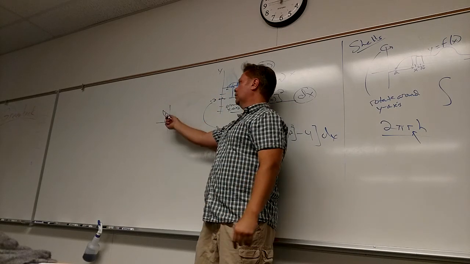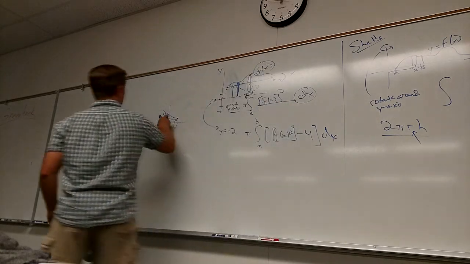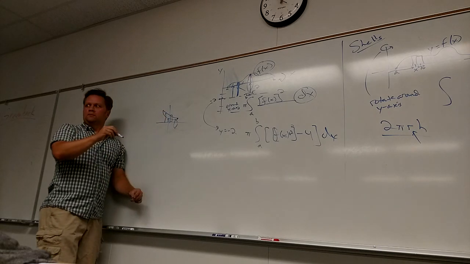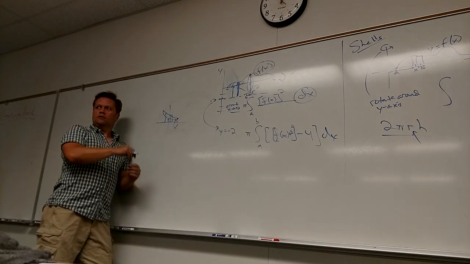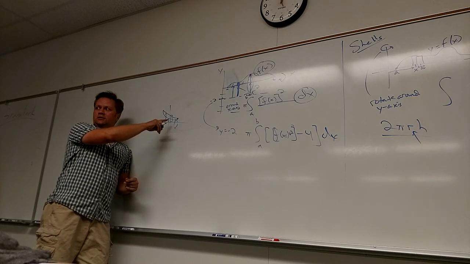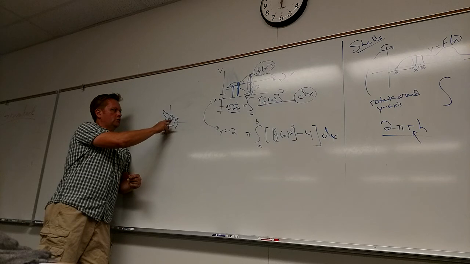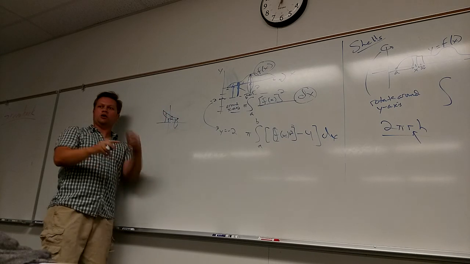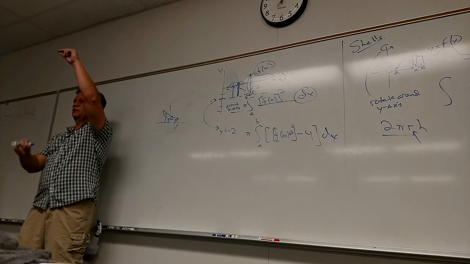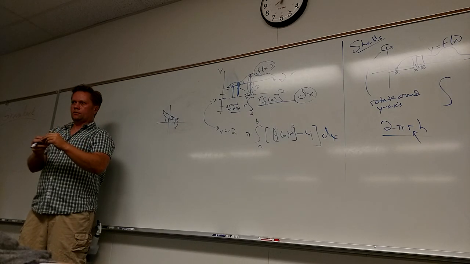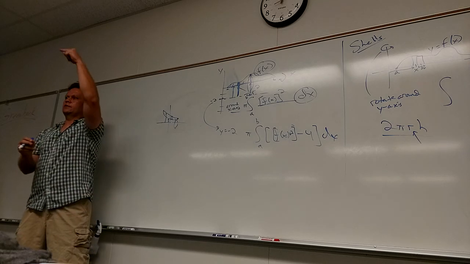Over here, why wouldn't I draw a rectangle like this? It includes too much. I just want to draw a rectangle that goes from the top to the bottom. So how tall is that? It's the top minus the bottom, just like section 6.1, f of x minus g of x.